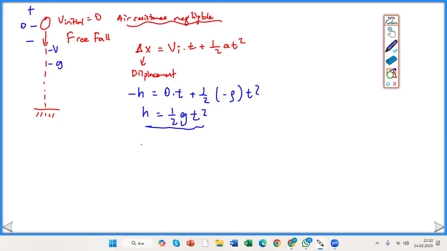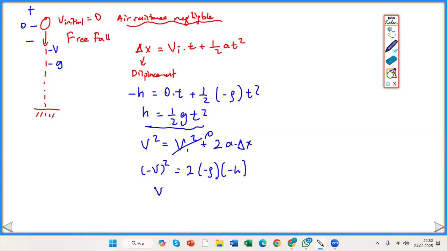In addition to this, we can also use v square is v initial square plus 2 times a times delta x. Right now, initial speed is 0, so v square is 2 times minus g and minus h. As you can realize, v square is 2 times gh.